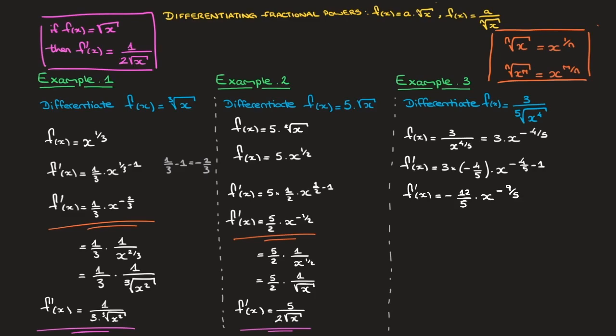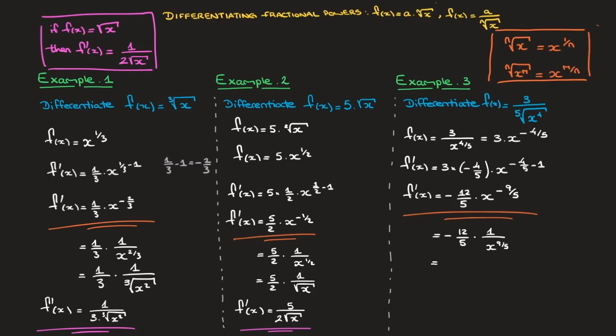And once more, if differentiating is all we have to do, we could stop there. But we could also write our final answer inside a root and state that this is equal to negative 12 over 5 times 1 over x raised to the power of 9 over 5.